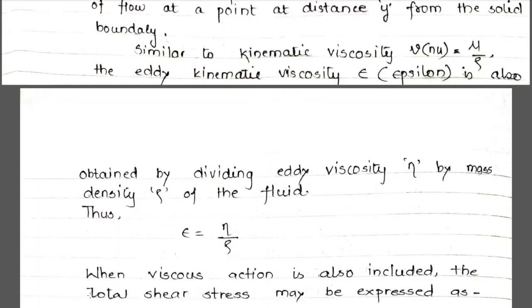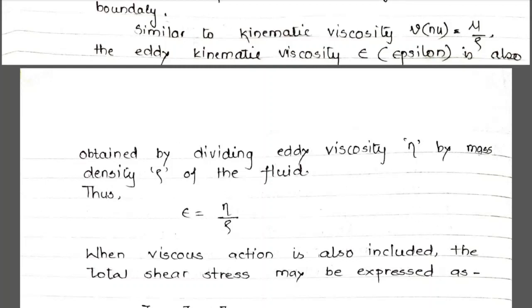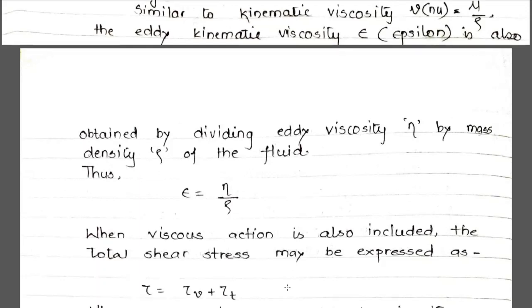So when viscous action is also included, the total shear stress may be expressed as, now we have seen this in the video, that total shear stress acting in the turbulent flow region is equal to the shear stress due to the laminar sublayer, which is also called the viscous force, plus shear stress due to the turbulence.